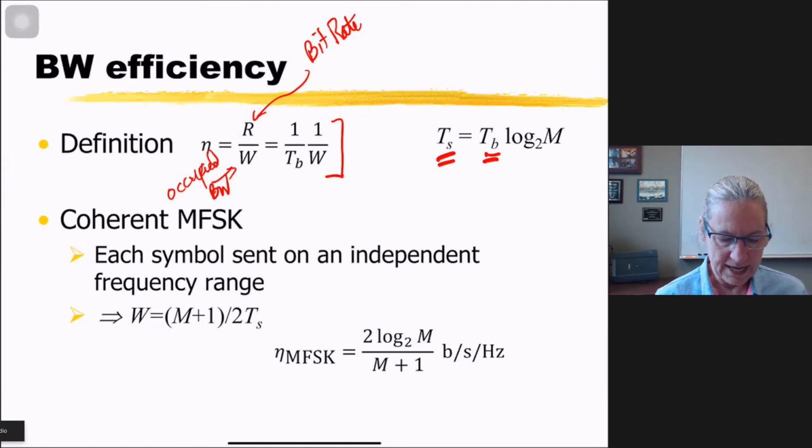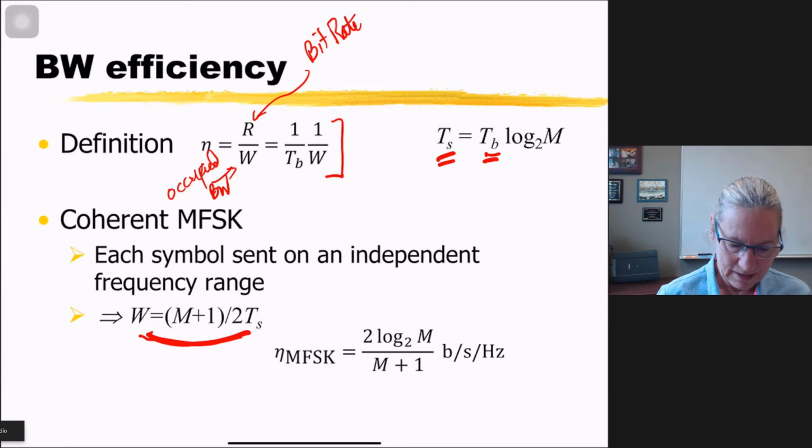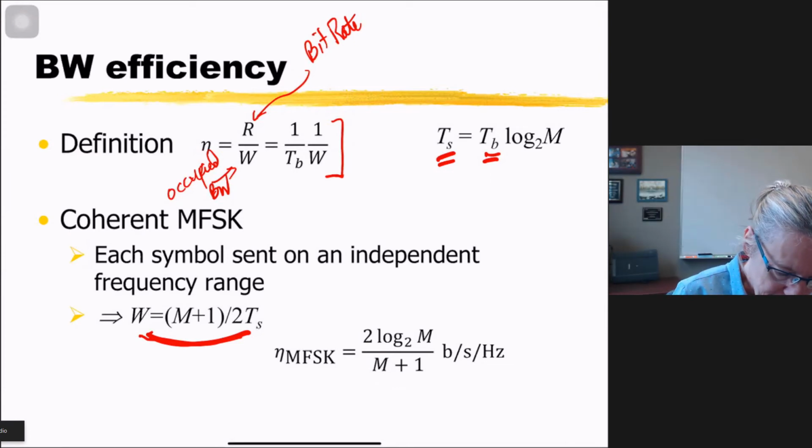Each symbol is set on an independent frequency range, and we know that the minimum spacing we can do is to put ideal Nyquist pulses, and so we would get that the efficiency of MFSK, well, we're going to put 1 over, well, here we have (M+1) over 2 times T_S here.